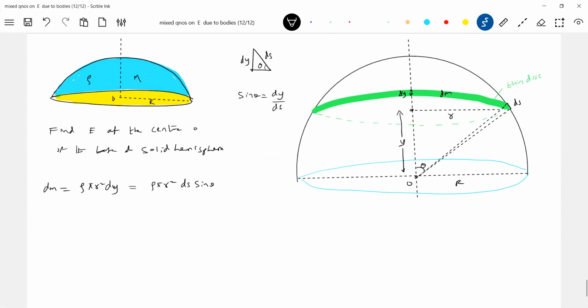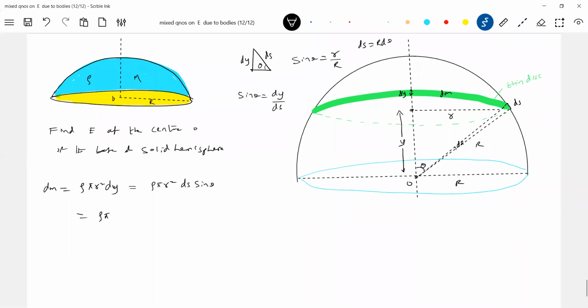What is sine theta from another triangle? Sine theta equal to small r by capital R. And ds we can write as R d theta. This is angle d theta. So let me substitute all these things. Rho pi r square.